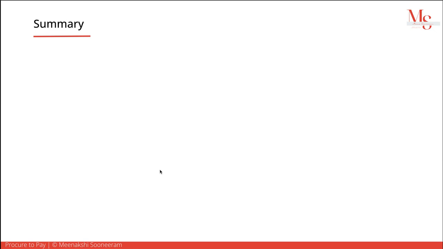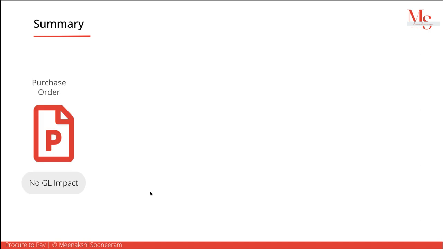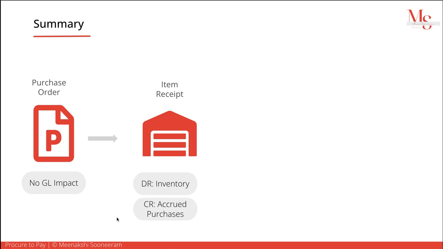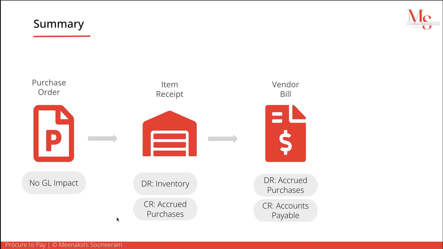If we summarize the whole P2P process, the PO, as we said, has no GL impact. Upon receiving your item, you increase your inventory, that is your asset, and increase your accrued purchases, which is a liability, thus a credit. When generating your vendor bill, you cancel out the accrued purchases account and credit your accounts payable.